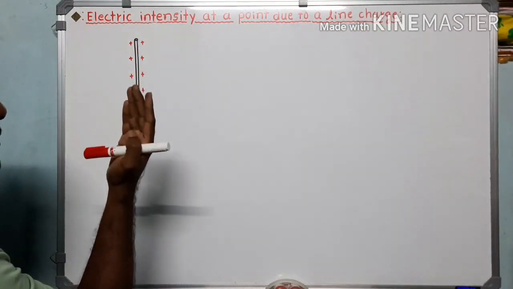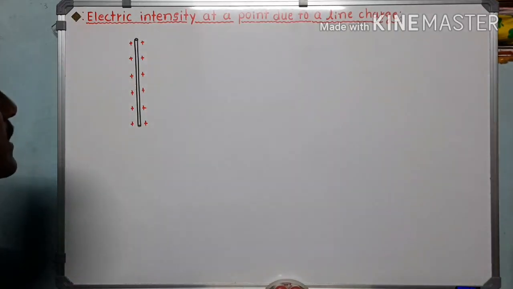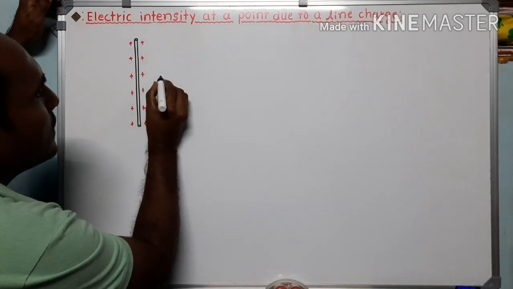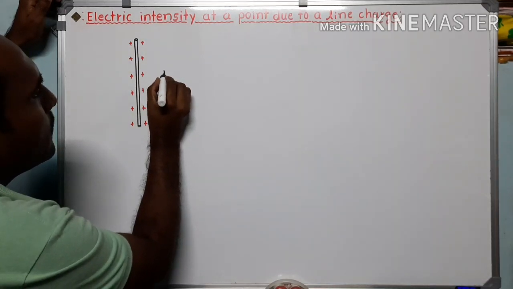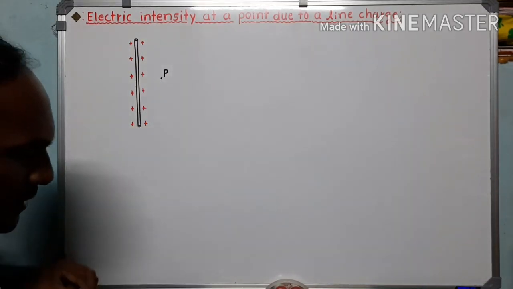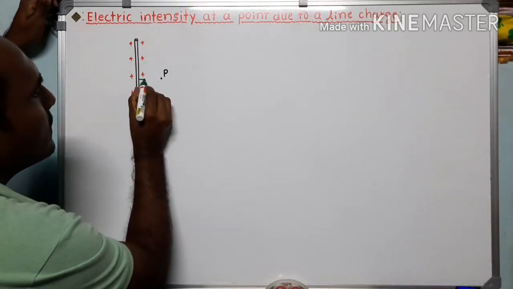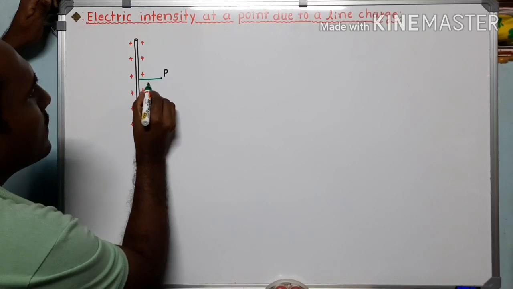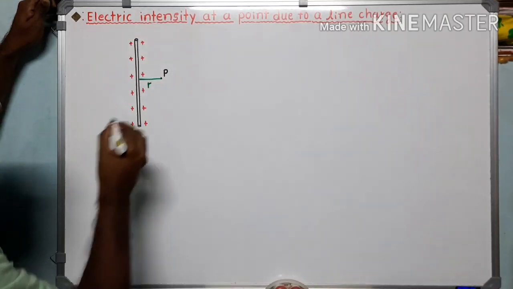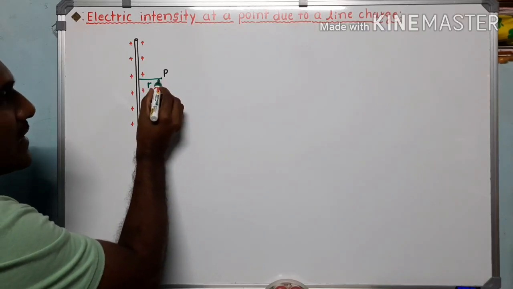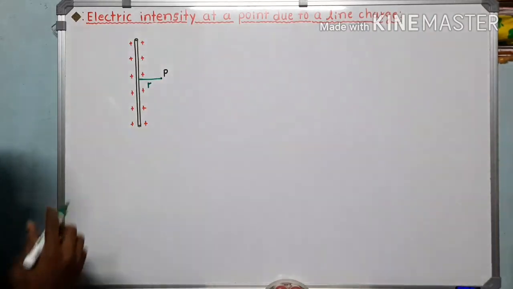Now, I will consider a point. Let P be a consideration point at a distance small r from the wire. Here point P is lying in the electric field of this charged wire.